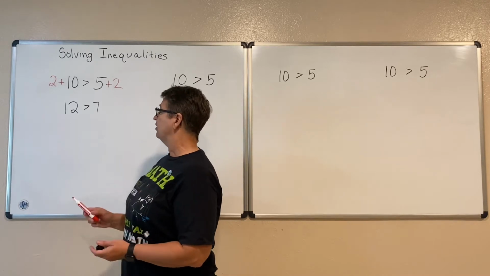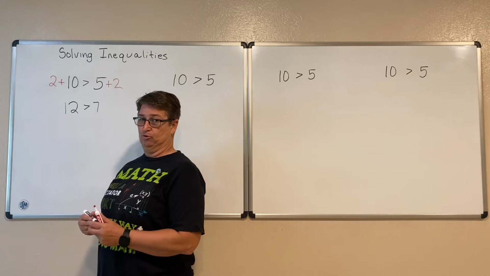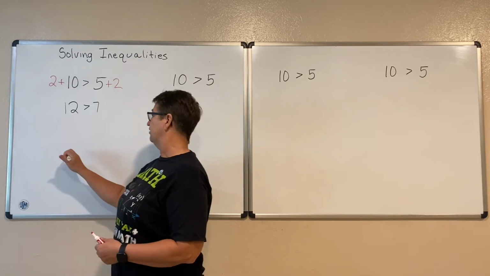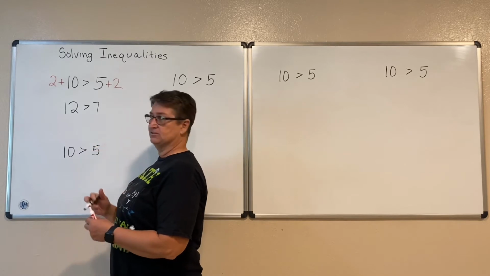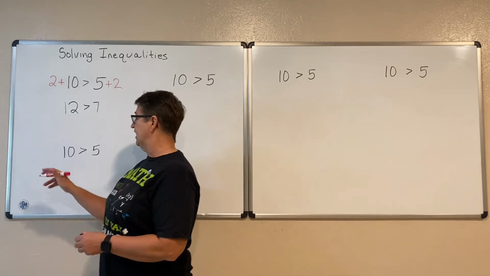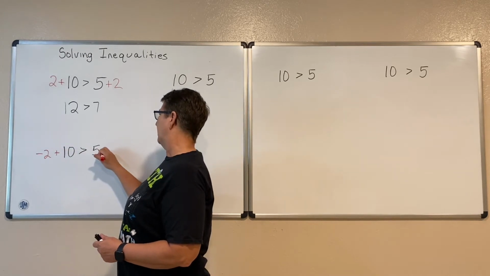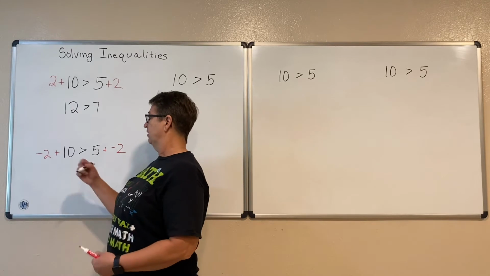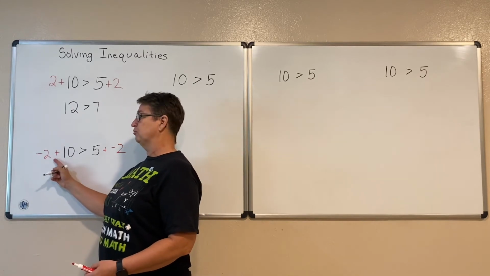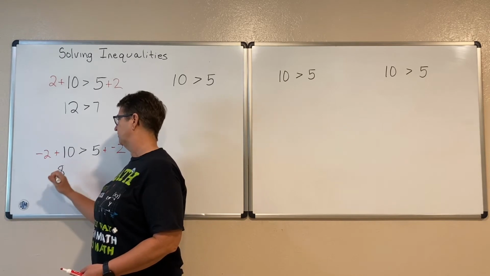Well, what about if instead of adding a positive 2 to both sides, what if I decide to add a negative 2 to both sides? Let's just see. If I add a negative 2 to both sides, is it still going to make this inequality true? I have negative 2 plus 10, or 10 minus 2, makes that 8.